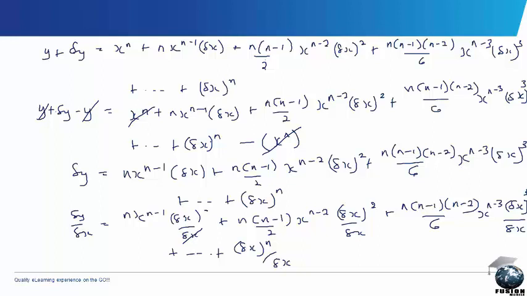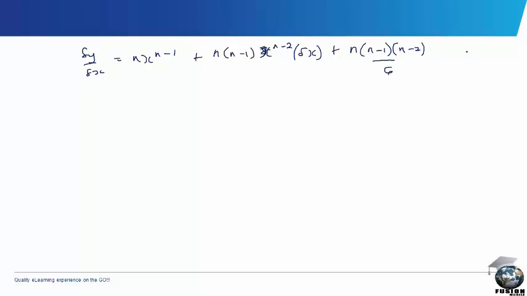And so this takes care of this, and we are left with nothing, and then this takes care of this, and we are left with 1, and then this takes care of this, and we are left with dx raised to power 2, and then this takes care of this, and we are left with dx raised to power n minus 1. Right.